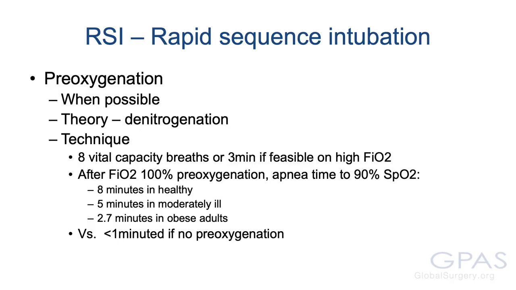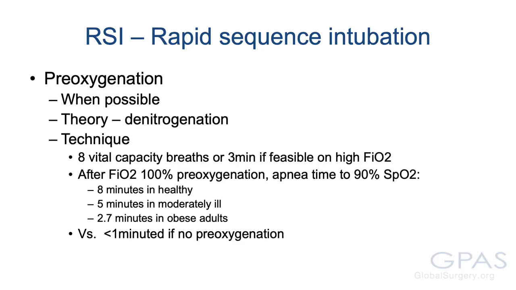To perform rapid sequence intubation, pre-oxygenation must be performed as the first step. This is to allow denitrogenation, or in other words, removal of nitrogen from the lungs, and increase the reservoir of oxygen within the lungs to prevent desaturation to less than 90%, especially when the patient is paralyzed.